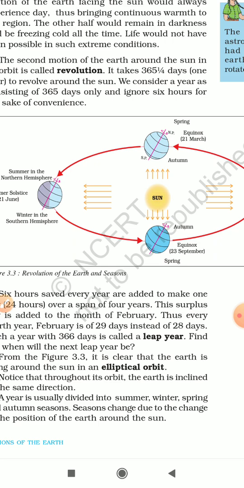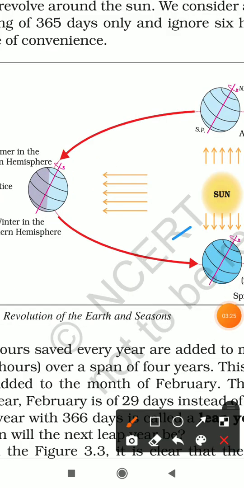The areas near the poles receive less heat as the rays of the Sun are slanting on those areas. The northern pole is inclined or tilted towards the Sun. As you can see, this is the Sun and this is the North Pole. So this is tilted towards the Sun.